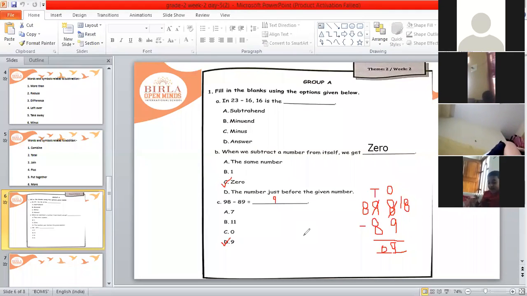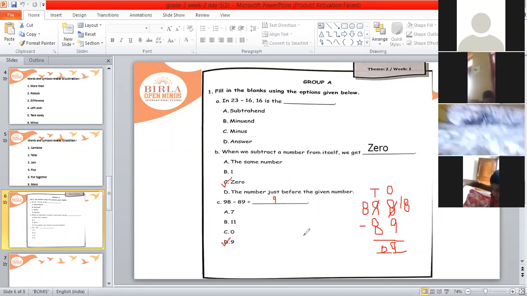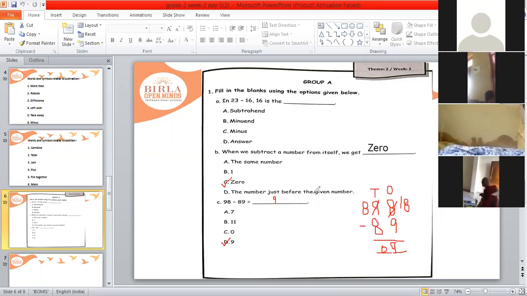Now those who have completed till here, you all can take out your math textbook, that is, I Did It Mathematics. Open page number 66 of your math textbook, children.